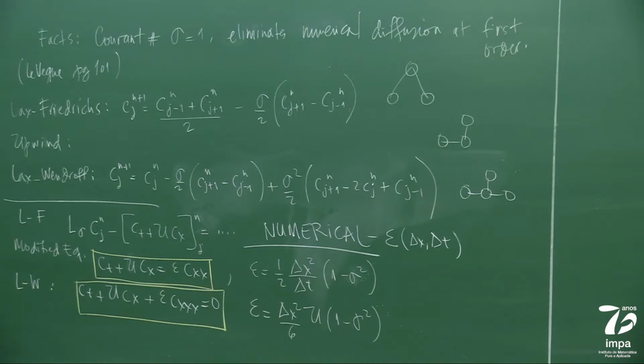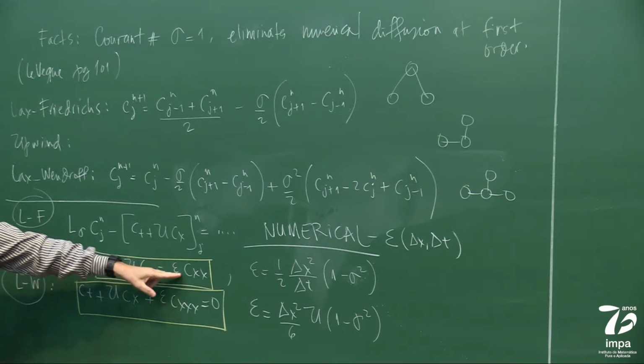Let me put it this way. Lax-Friedrichs and Upwind are of the same type of modified equation, which is different from Lax-Wendroff. Why? Because Lax-Friedrichs and Upwind have numerical diffusion.